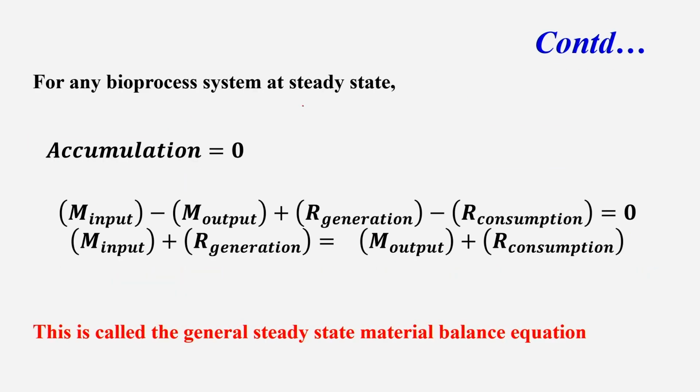Now, there is one term called steady state. Steady state means the rate of inlet and outlet is same. So, it says accumulation term is also 0.